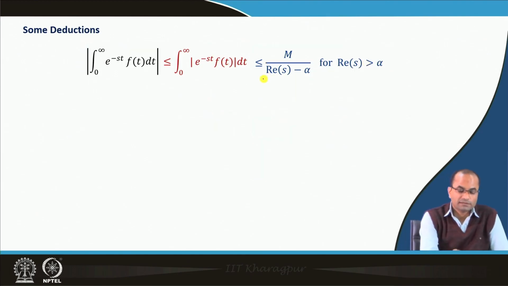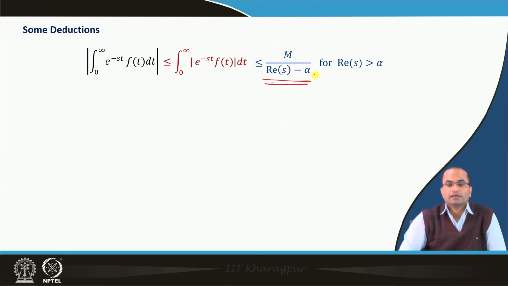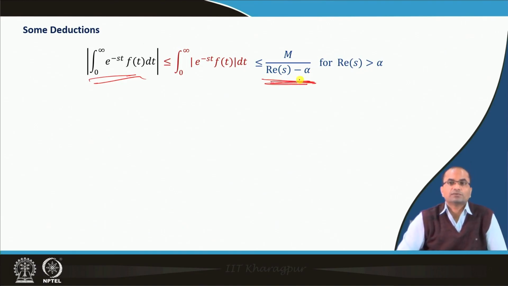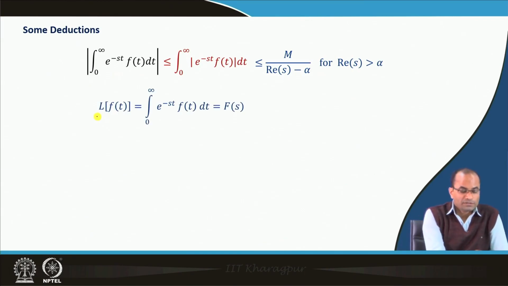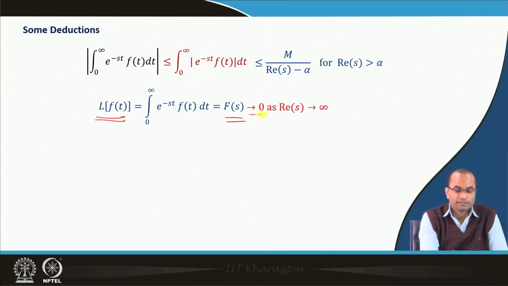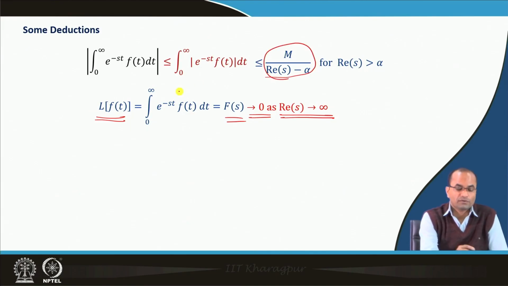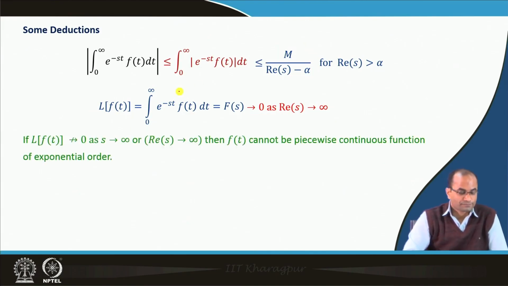That is a nice deduction: if we have functions of exponential order that are piecewise continuous, their Laplace transform will go to 0 as real s goes to infinity. Since the Laplace transform is F(s), it has to go to 0 if real s goes to infinity. That is the deduction coming from the above inequality.